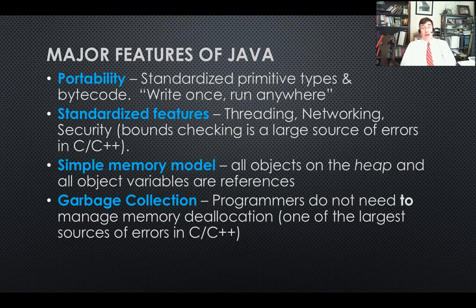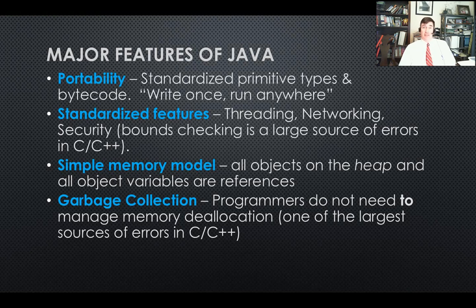So what are the major features of Java? One of the big advantages of compiling into bytecode is portability. So once you compile into bytecode, you can run your program on many different platforms. Java has standardized primitive types in the bytecode. So when you compile it into bytecode, all of your primitive types are the same size no matter what platform you run on.